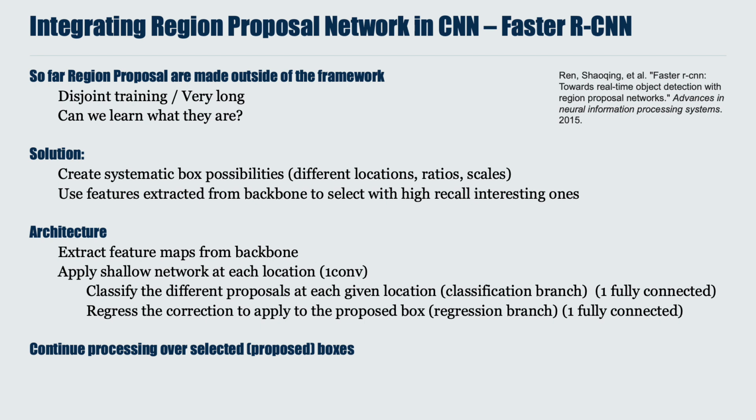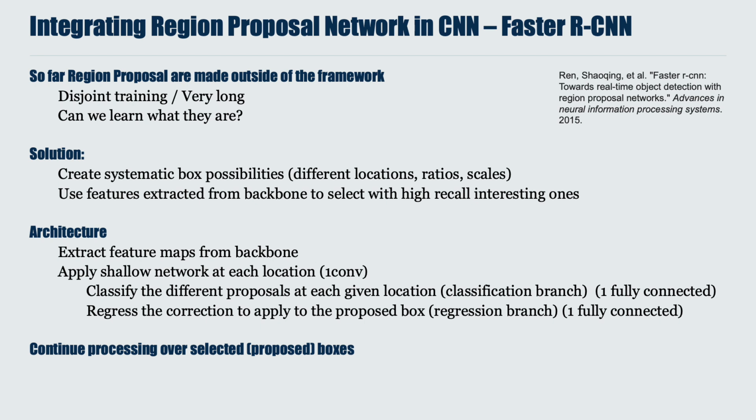In terms of the architecture, most of the heavy CNN part is performed for the feature extraction at the level of the backbone, but afterwards it's usually a relatively shallow network that is used for the classification of the different proposals and for the regression of the correction to apply to the proposed boxes.